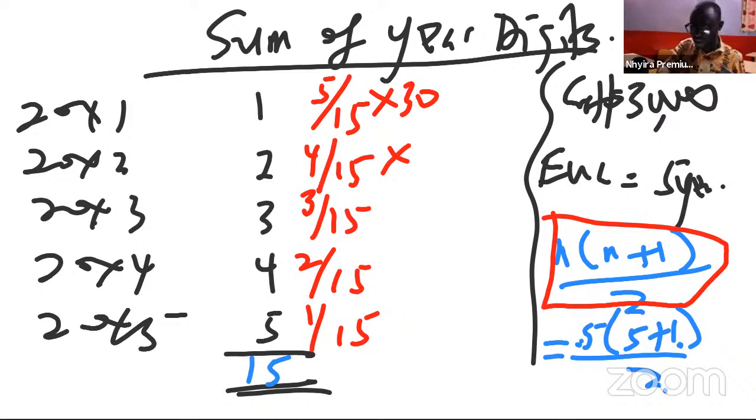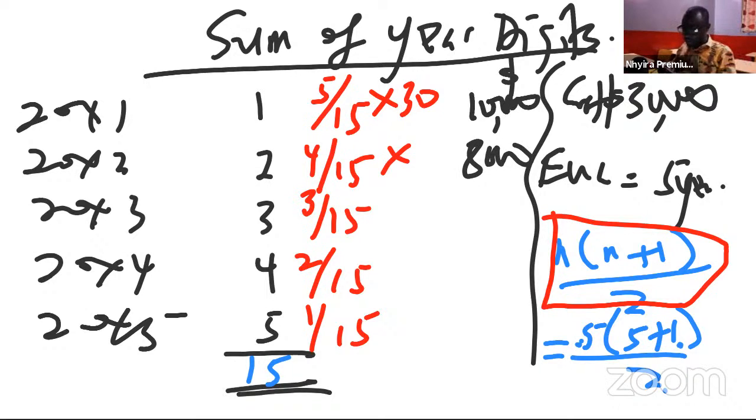All right, so let's go. 5 over 15 times 30,000. I'm getting 10,000 on that. So that's the depreciation, 10,000 here. Then we have 4 over 15. That's 8,000.